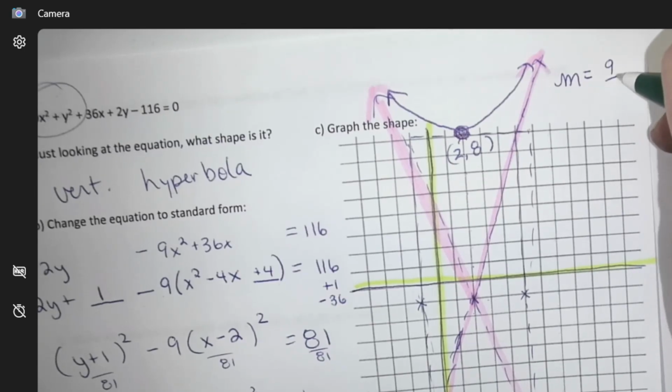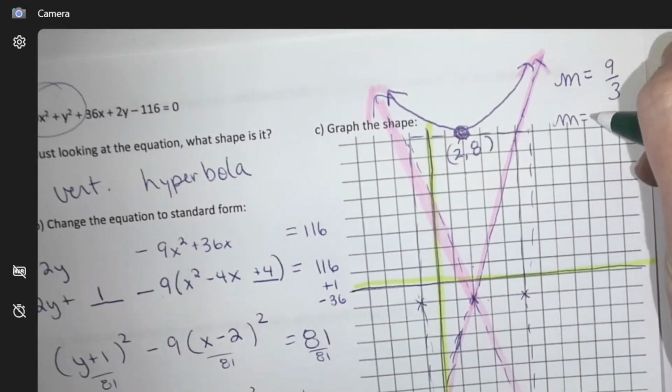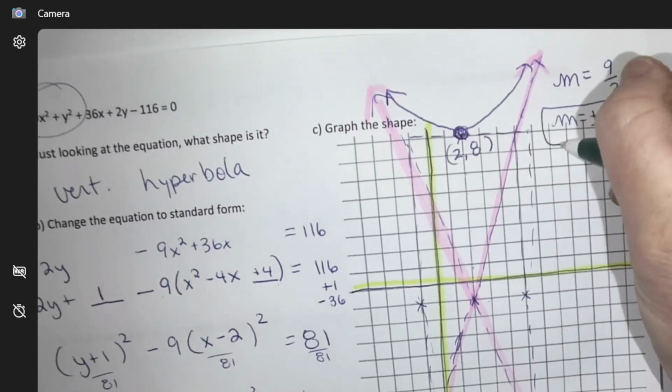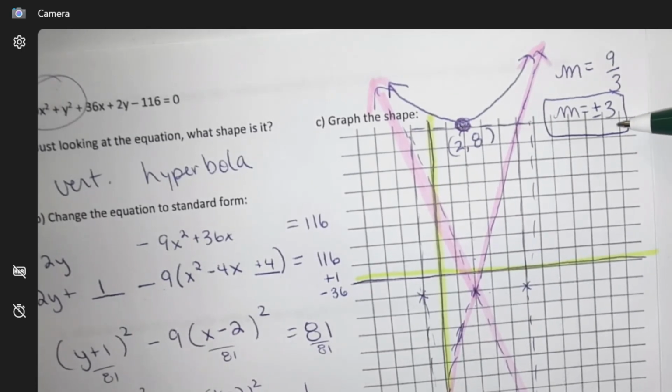You went up 9 and over 3. Okay, so I put a plus and a minus because one should be going up diagonal and the other down diagonal. So that's why you have a plus 3 slope and a minus 3 slope. Okay, and I'm going to reduce that. So if I ever write a slope to you, it's because I've reduced it.